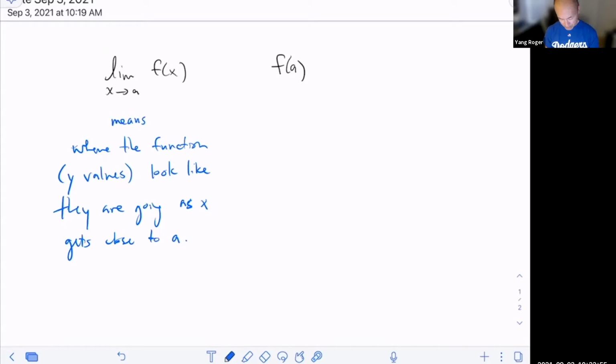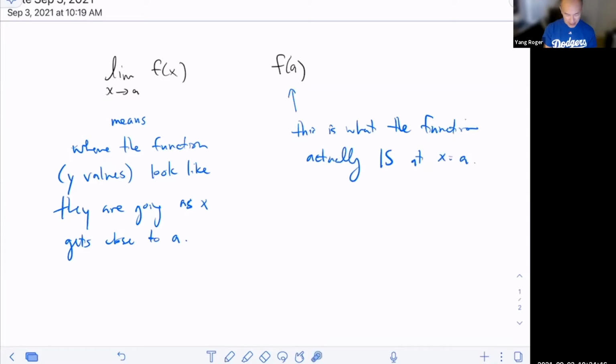When you look at the right, this thing on the right over here, this is saying this is what the function actually is at x equal to a. So this side is saying, hey, where does the function look like it's going?